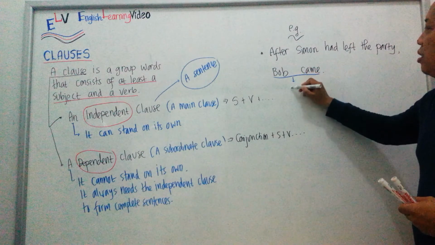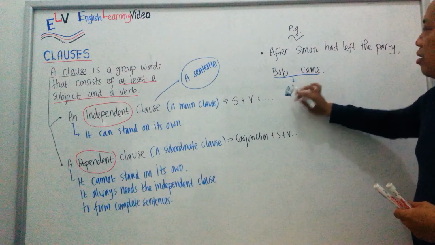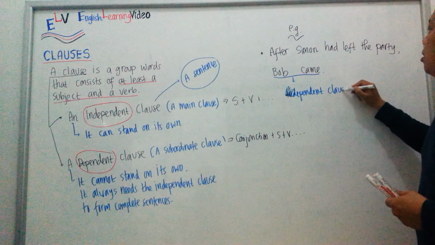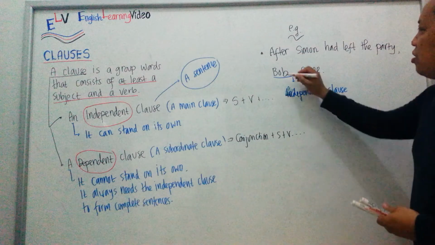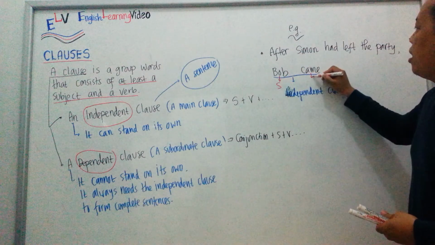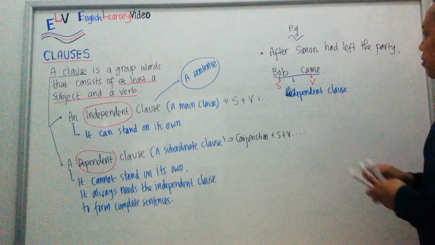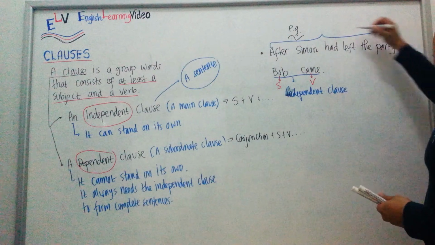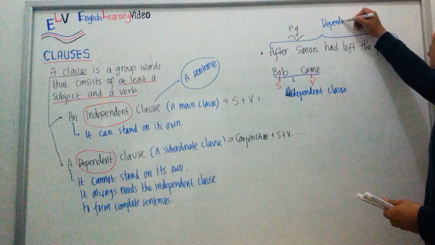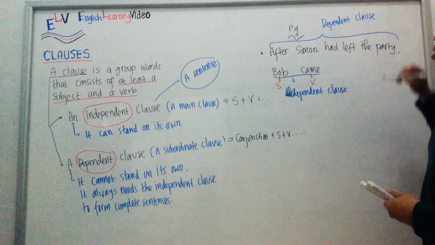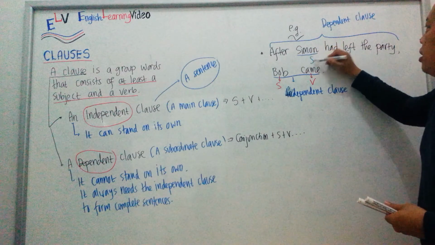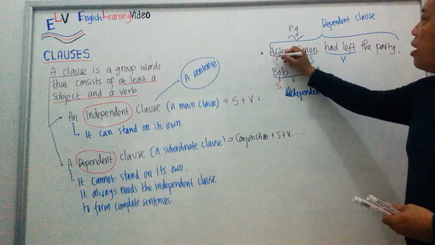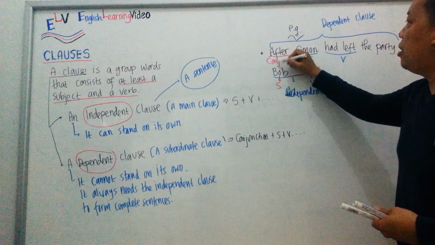This is actually the main clause or the independent clause. Okay, as you see, it consists of a subject and a verb. While after Simon had left the party, this is the dependent clause. Okay, so Simon, this is the subject, had left, this is the verb, and after here is the conjunction.